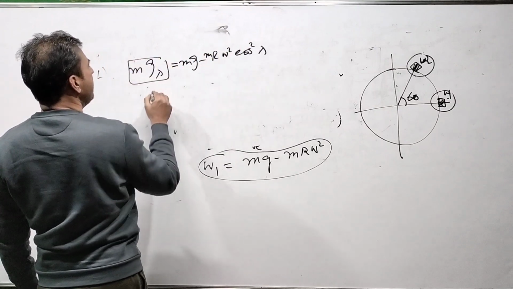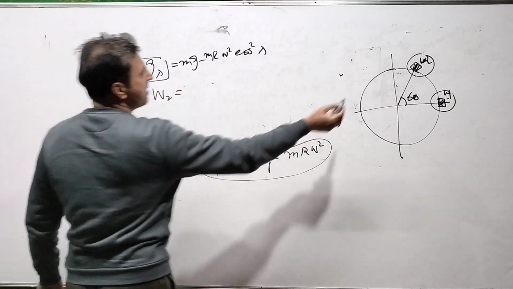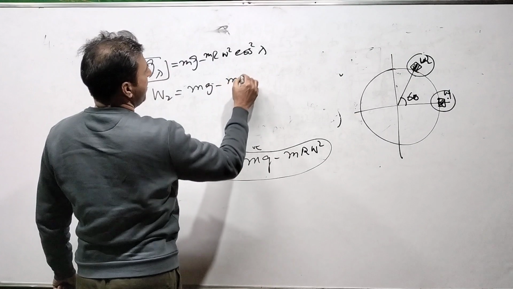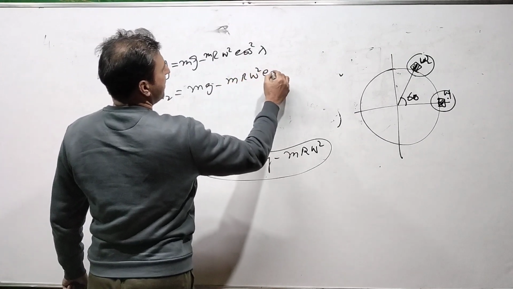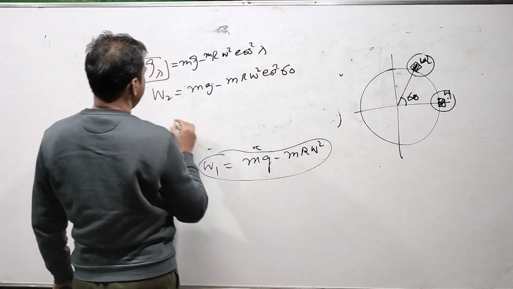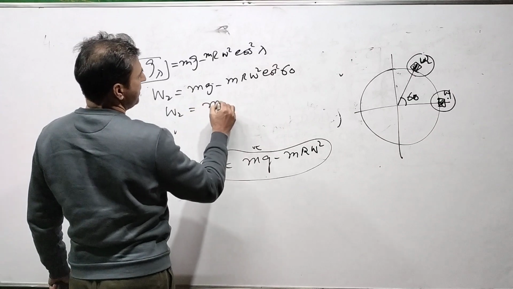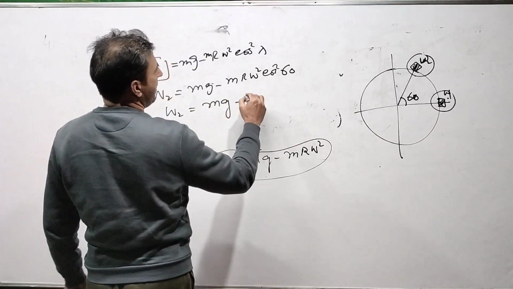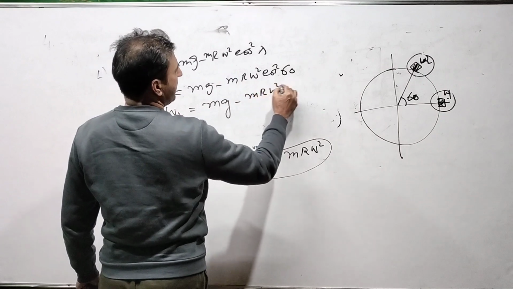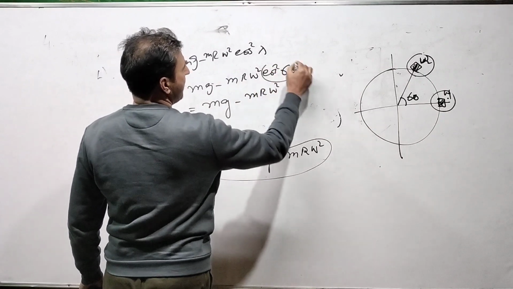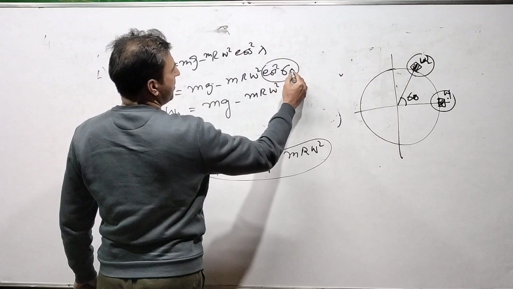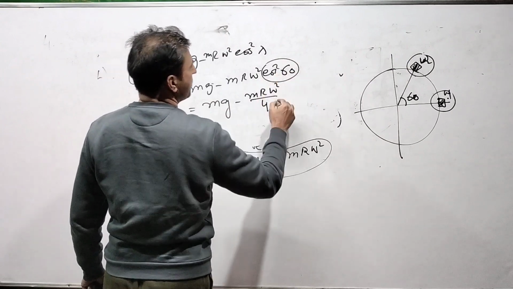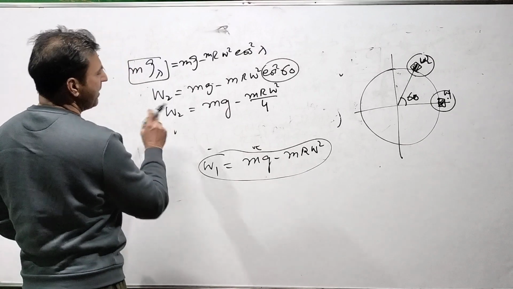This becomes the weight here, W2. It becomes m g minus m r omega square cos square 60. So W2 equals m g minus m r omega square cos square lambda, and cos square 60 is 1 by 4. So this is W2.